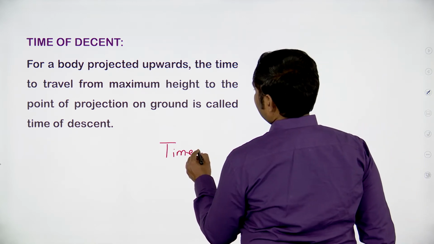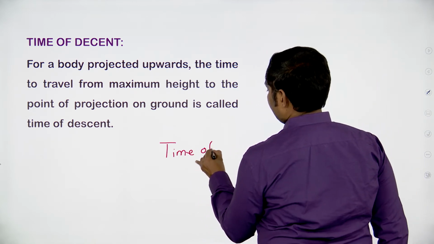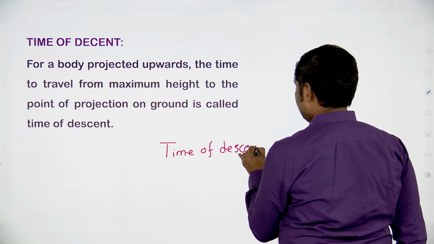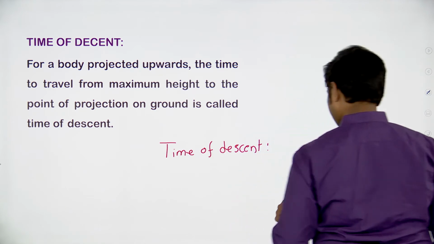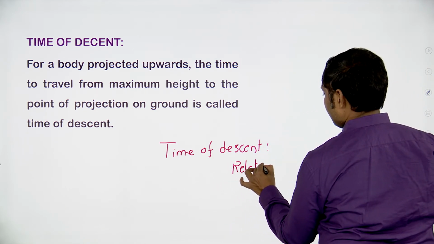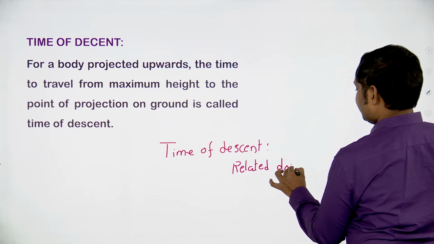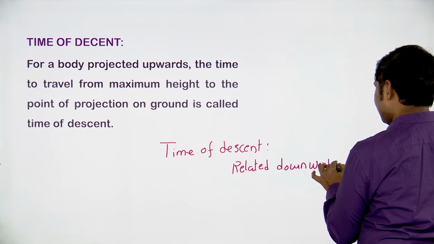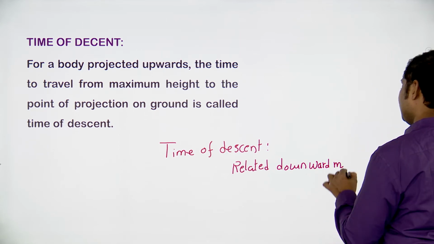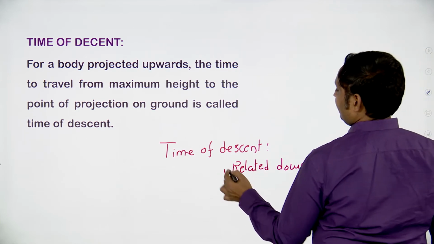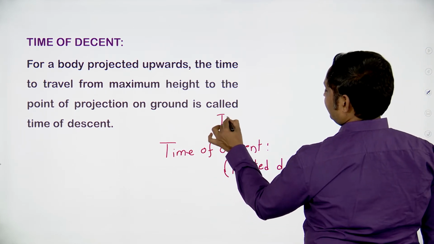You have to get that time of descent. It is related to downward motion. It's very clear. What about the time of ascent?